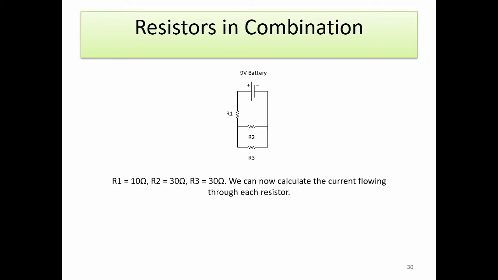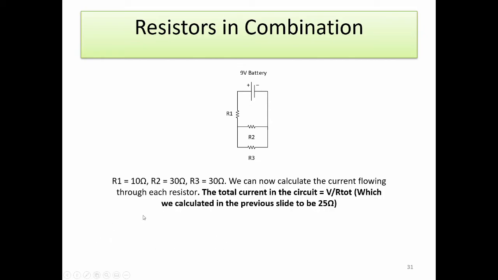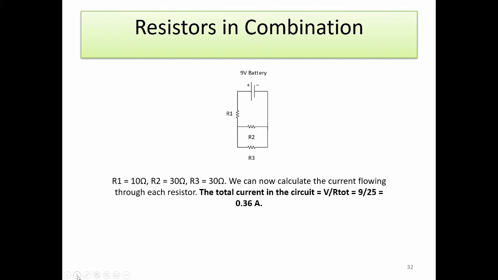Now we come to calculate the current flowing through each resistor. As we've already said, R1 is 10 ohms, R2 is 30 ohms, R3 is 30 ohms. The total current in the circuit equals V over R total, which we calculated from the previous slide to be 25 ohms. So the total current in this circuit will be 9 over 25, which is 0.36 amps.